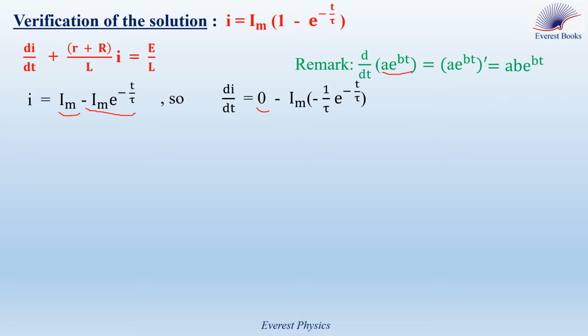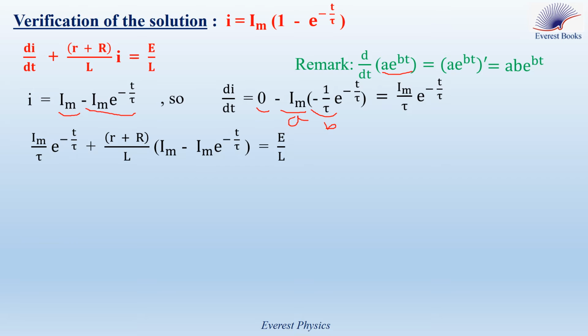So the derivative of minus Im e to the power minus t over tau can be written as minus Im, which is equal to a, times minus 1 over tau, which is equal to b, times e to the power minus t over tau. This is going to be di by dt is equal to Im over tau e to the power minus t over tau. Now replace di by dt and i in the differential equation.